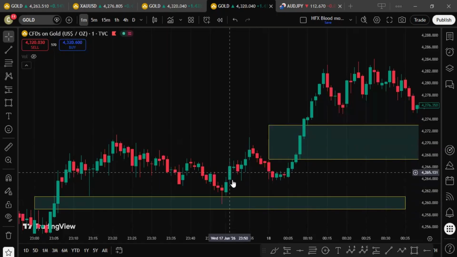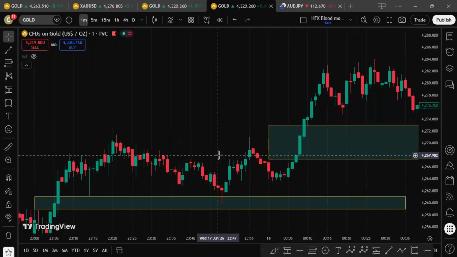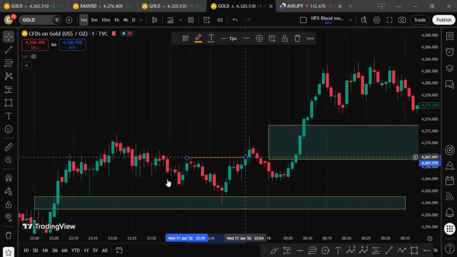The person enters a sell here, boom, the market takes them out and you're like, what is happening? So you can see in this case, this one is for a buy move. This is the highest point. In this case, this is the lowest point.